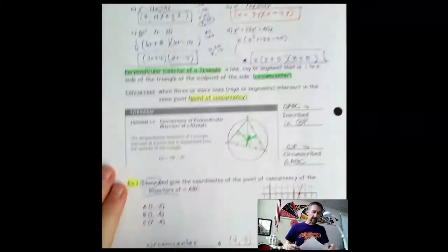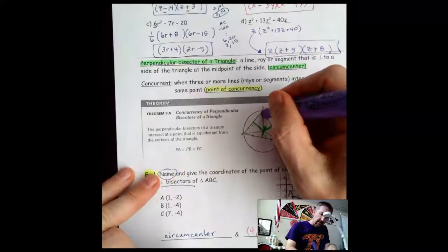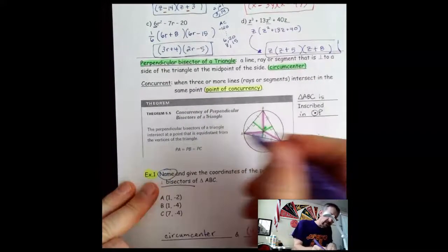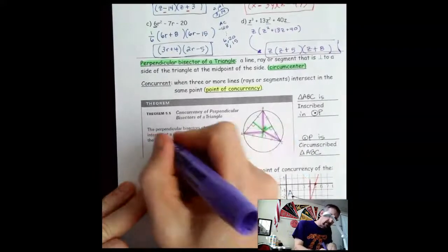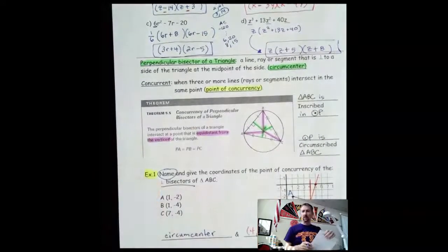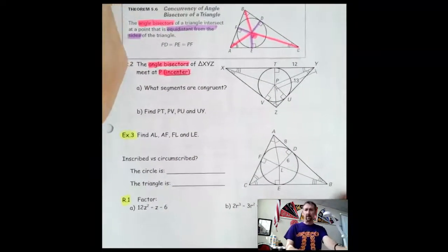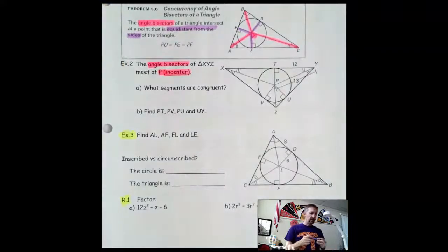So if I go back to this, I could do that in purple as well. Those were equidistant from the vertices. Okay, if we want to go back to that page. Okay, so that allows us to fill in some numbers and do some things here.